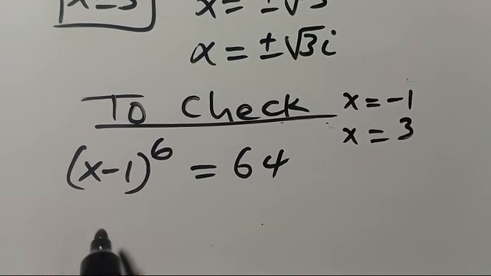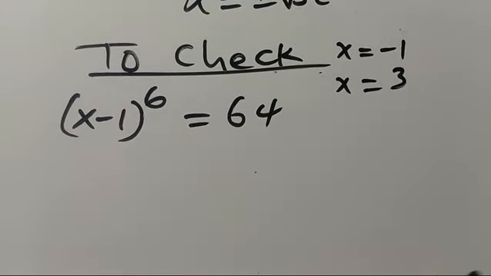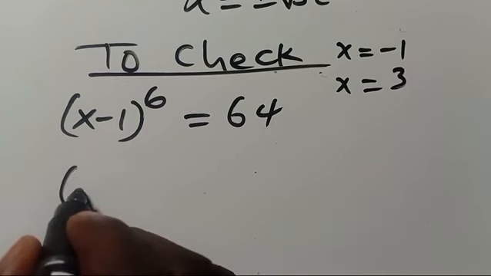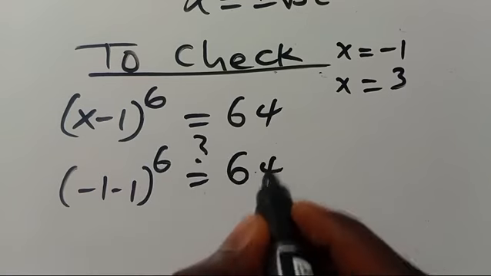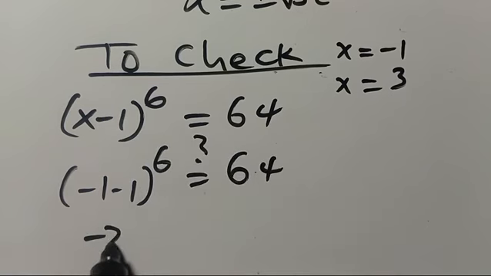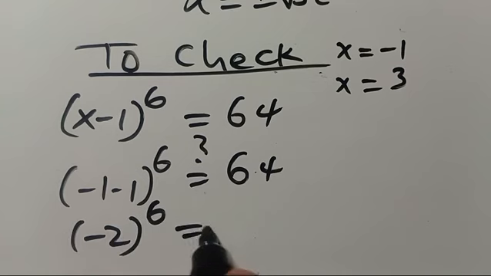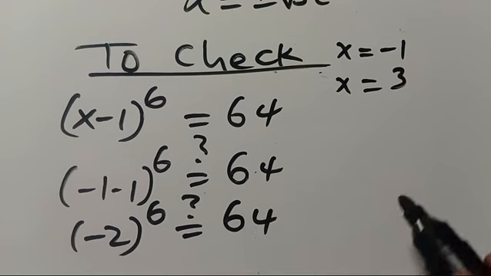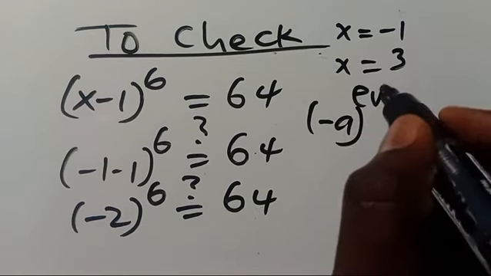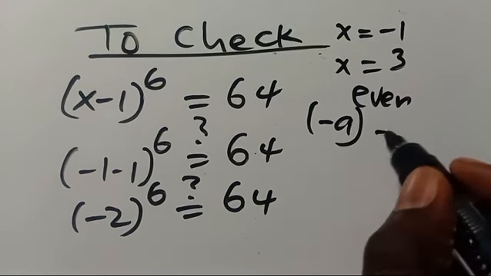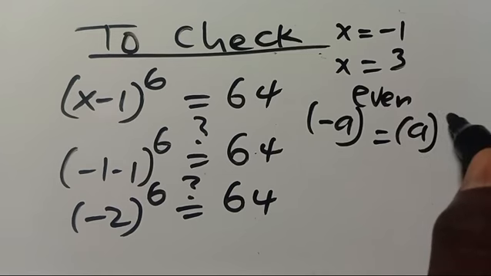So from here we have x minus 1 to the power of 6, then it's going to give us 64. Minus 1 will give us minus 2 in parentheses to the power of 6, then it's going to give us 64. When you have minus a in parentheses to the power of an even number, this equals plus a to the power of even.